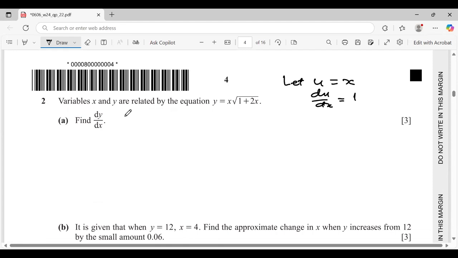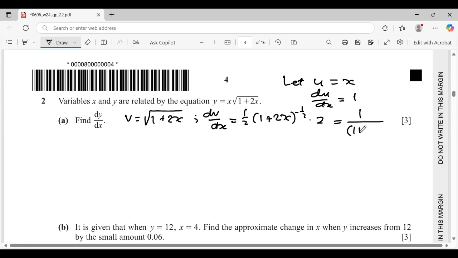After that, v equals the square root of 1 plus 2x, or (1 plus 2x) to the power 1 half. So dv/dx is 1 half times (1 plus 2x) to the power minus 1 half, times 2. So it's going to be 1 over (1 plus 2x) to the power 1 half.